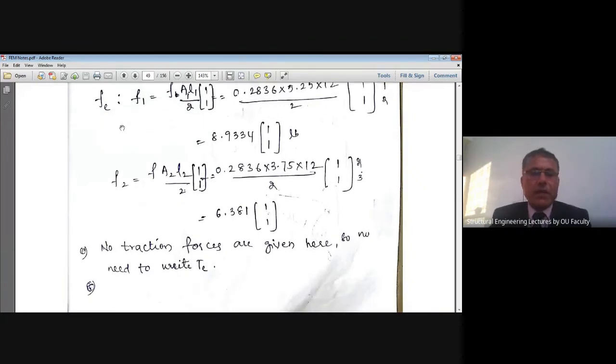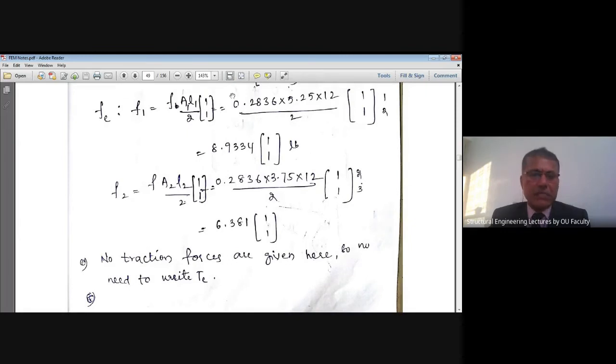Now, next subheading, the evaluation of element body force vectors Fe, which is given by rho A L divided by 2 times 1, 1. Then substituting for the first element, the density of the material is 0.2836 pound per inch cube. The area of the first element is equal to 5.25 inches square, and the length of the first element is equal to 12 inches, divided by 2.